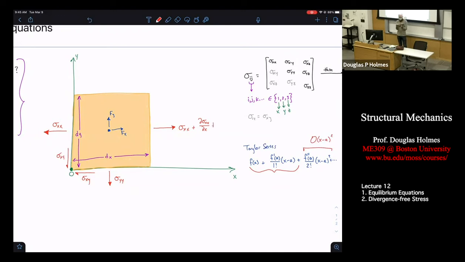So we can write this as the change in stress in the x direction times dx. Take a second and see if you can fill in the other three.